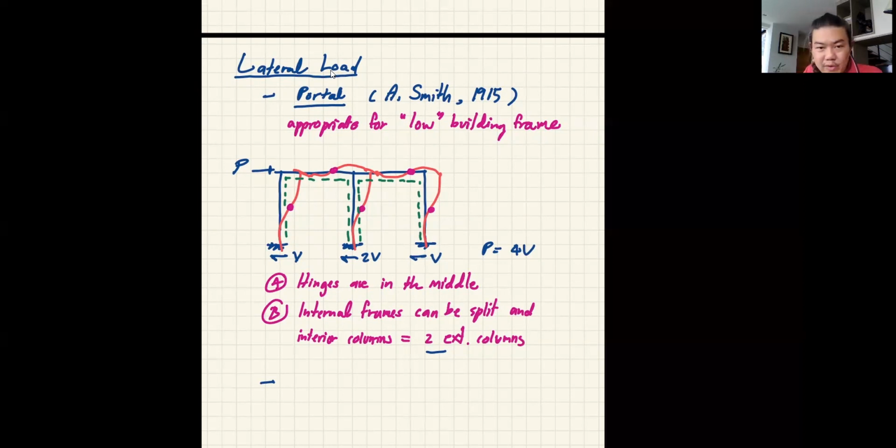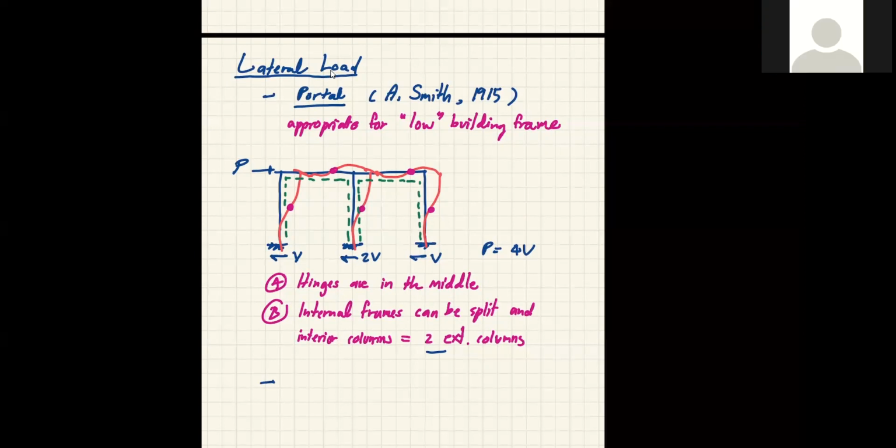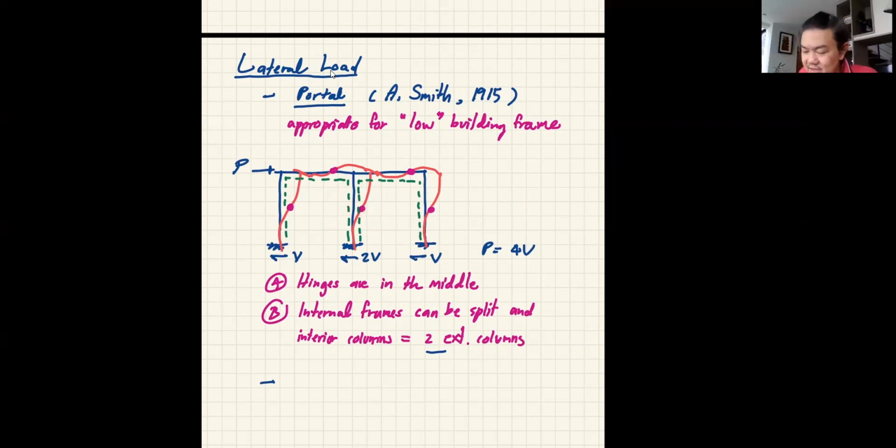So if you have more, you can just treat them like more doors. Oh, okay. The internal ones are going to be 2V because that is 1 column, correct? Yes. But if you look at this as 1 door, and this is another door, this is the area where 2 doors are connected. So you have a column from 1 door, and a column from another. That's why the shear is 2V. Oh, okay. I see. Thank you. Okay, good.